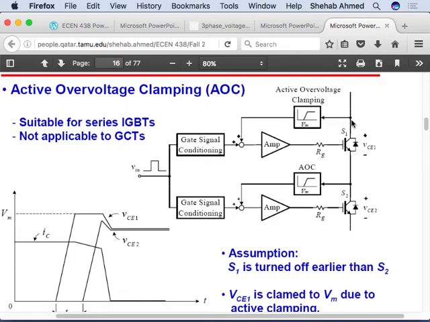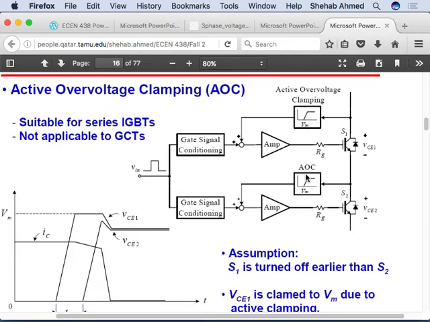This is measuring the voltage across this switch, and this is measuring the voltage across this switch, doing some processing, and then altering the gate signal. This is the gate signal coming in, amplified, and before it goes to the switch, it is being altered by this circuit. What is this circuit doing?